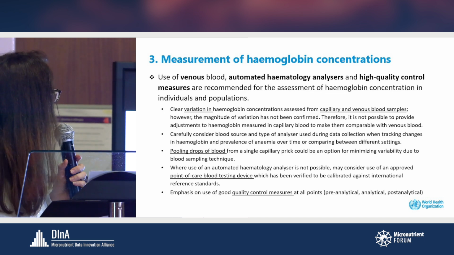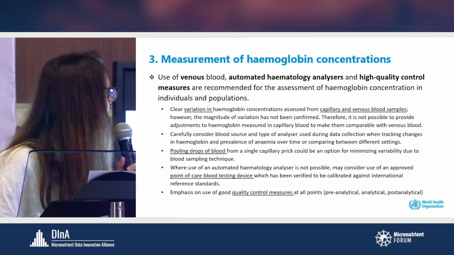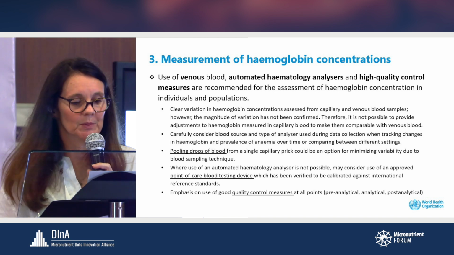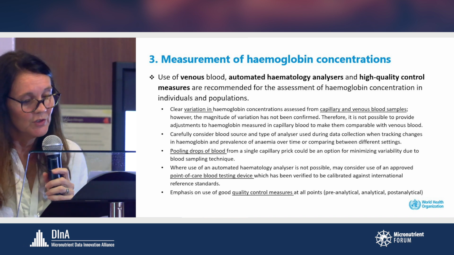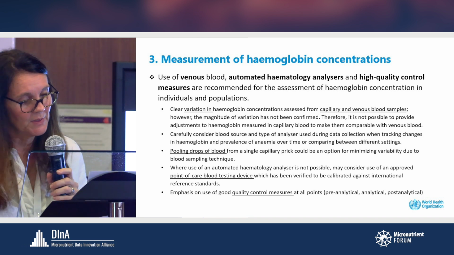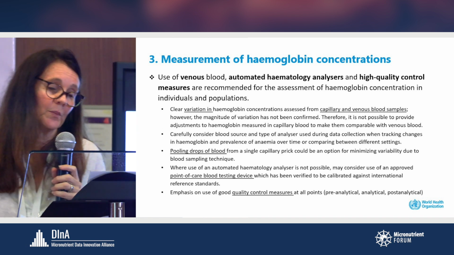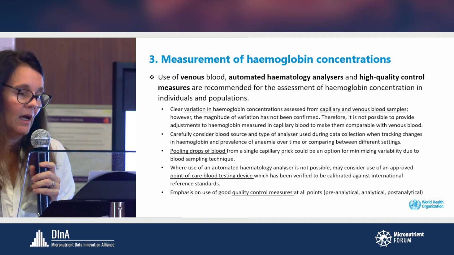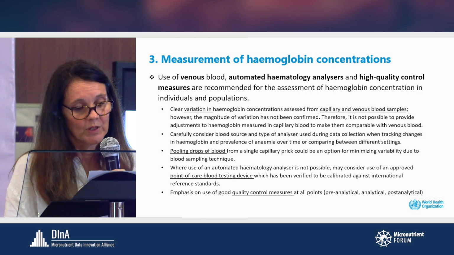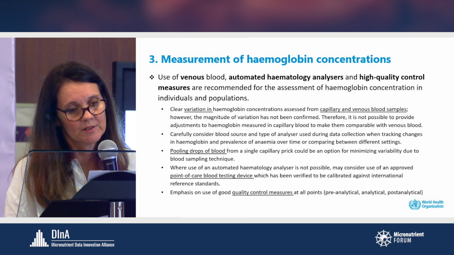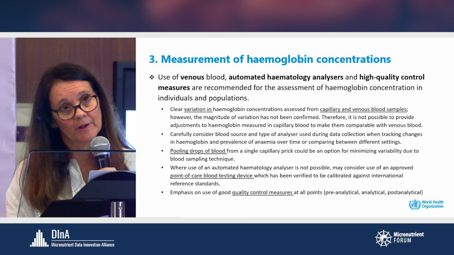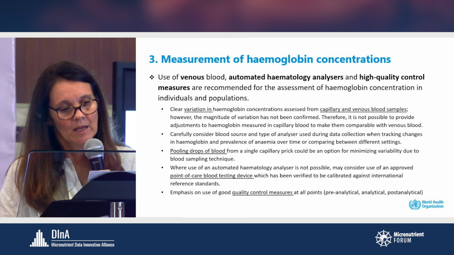Now, looking at the measurements of hemoglobin, the use of venous blood and automated hematology analyzers, as well as good quality control measures, are recommended. There is noted a great variation in hemoglobin values obtained from capillary and venous blood samples.